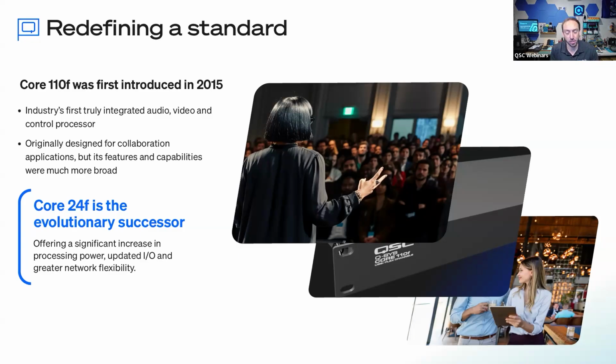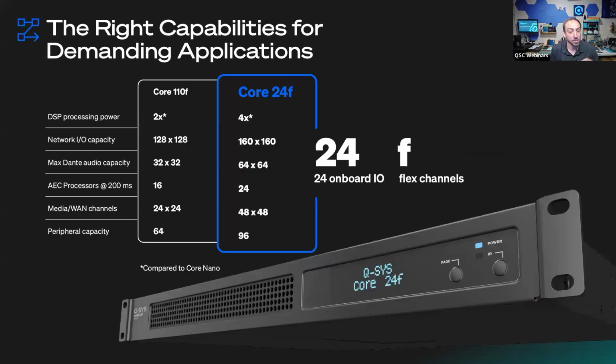So 24 channels of onboard I/O, has a bank of flex channels. So you can decide if those flex channels are inputs or outputs per channel. It has twice as much processing as the Core 110, close to 50% more I/O capability, double the Dante capacity, 50% more AEC processing, more peripherals, more media channels, more everything.